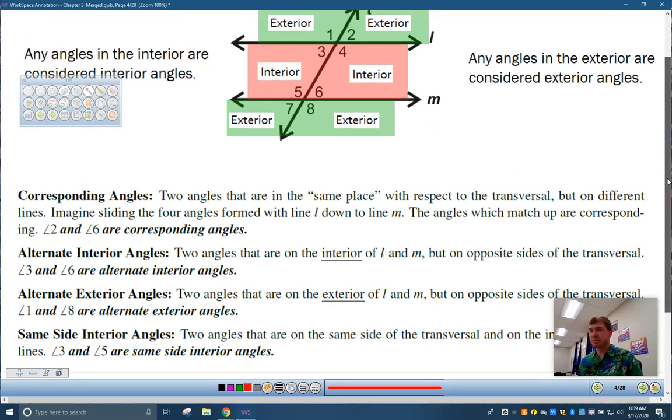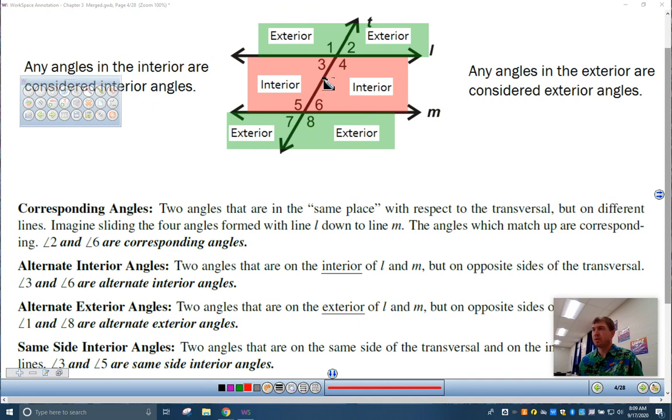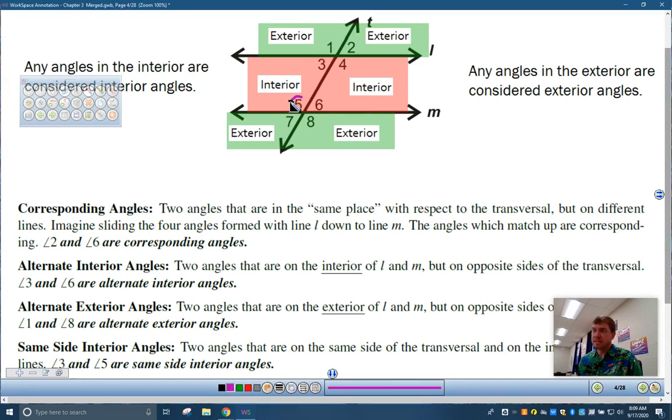Alternate interior angles. Well, here are the interior angles. The alternate part of that means the opposite sides of the transversal. Okay, now it's not angles 5 and 6. They are opposite of the transversal, but we already have a name for those two angles.